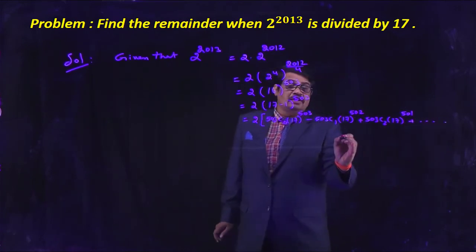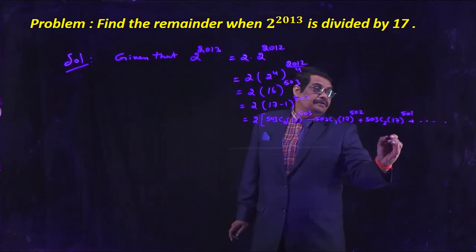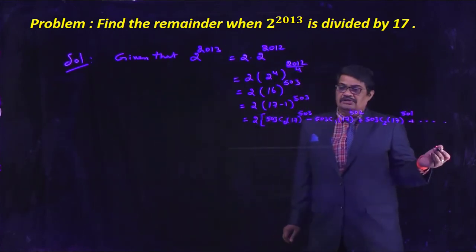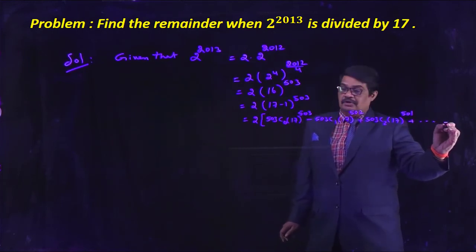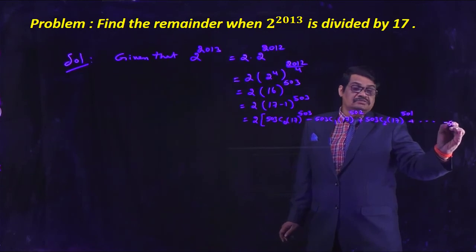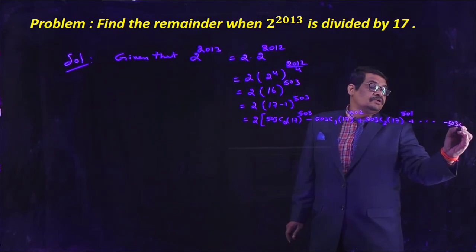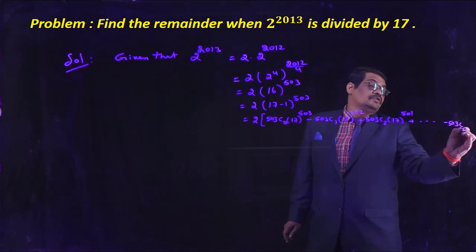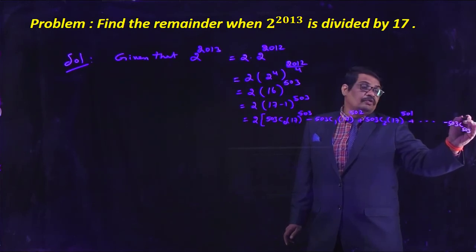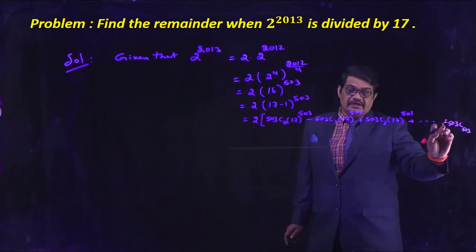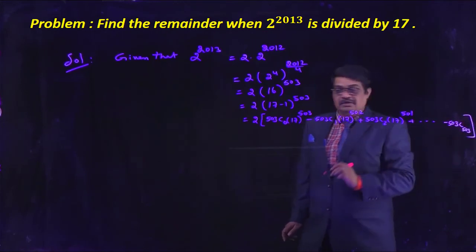The last term is minus 503 c 503 into minus 1 whole power 503, so the last term is negative. These are the terms.